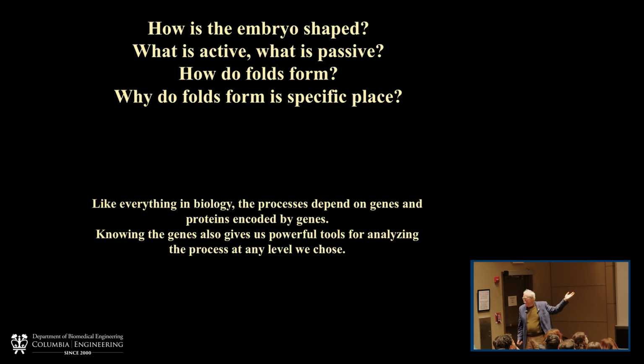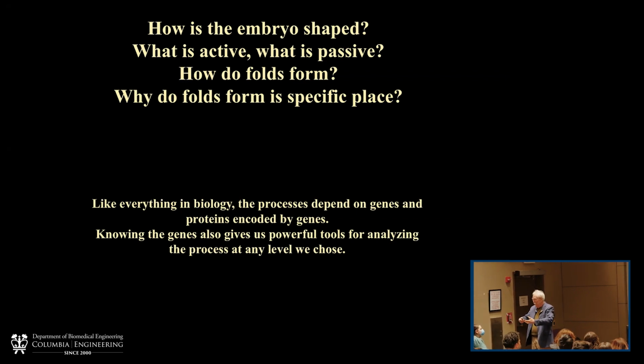The answer, at a certain level, like everything in biology, is that processes depend on genes, and on the proteins that are encoded by those genes. And knowing the genes, particularly knowing the genes in Drosophila, gives us very powerful tools for analyzing the process, and that, we believe, provides us with the first powerful tool for being able to begin to approach mechanics.